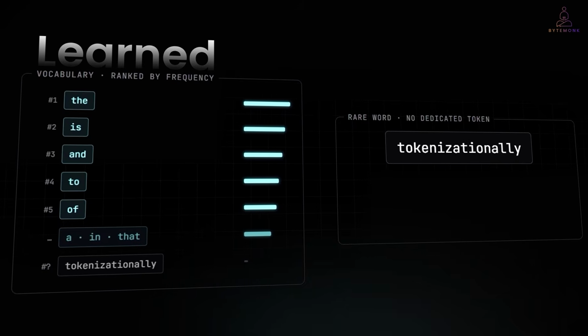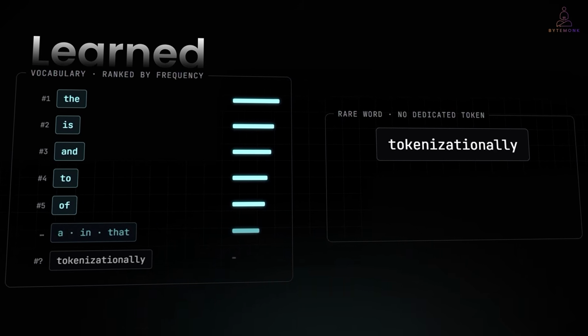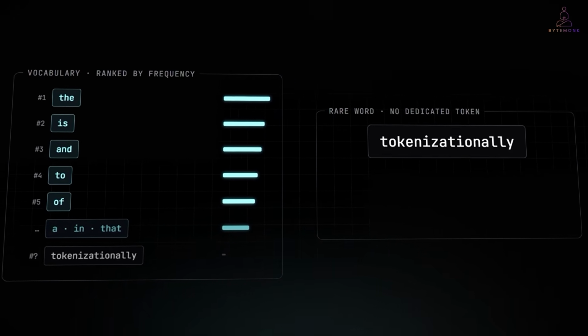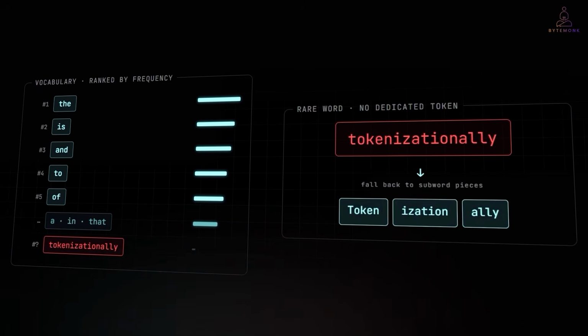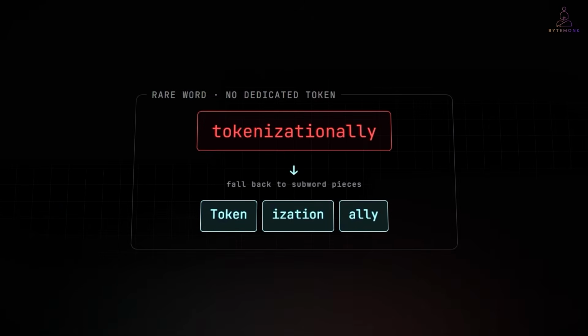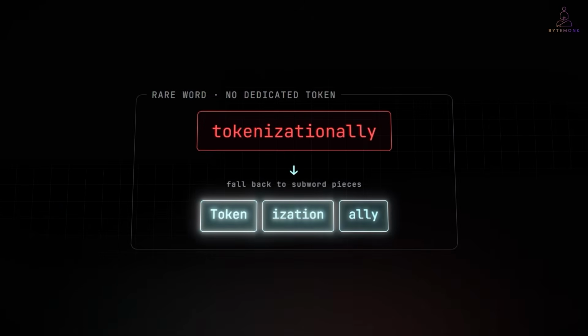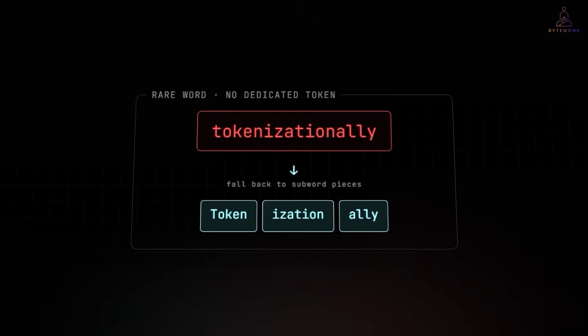So giving them a short representation saves a lot of compute later. Rare words don't get that treatment. There is no token for tokenizationally because the algorithm never saw it enough times to justify 1. So when you actually use that word, the tokenizer falls back to breaking it into smaller, more common chunks. Pieces it does have tokens for.